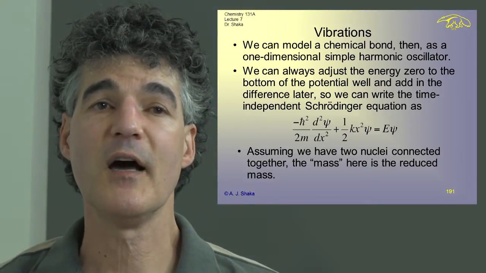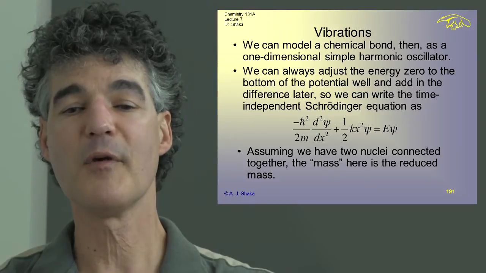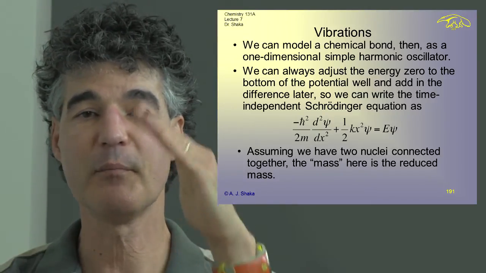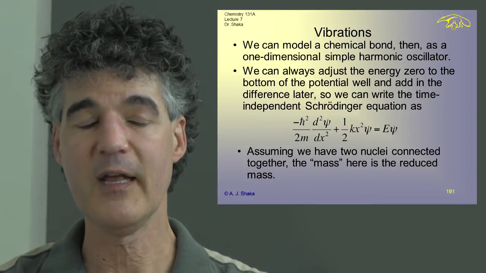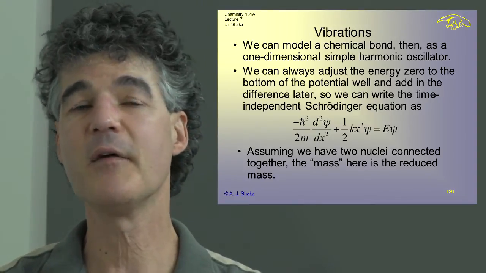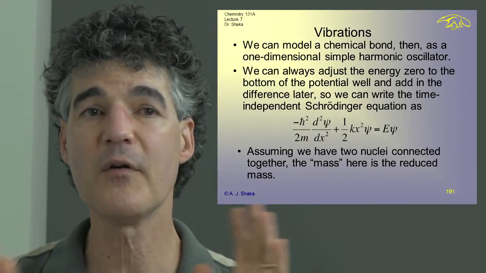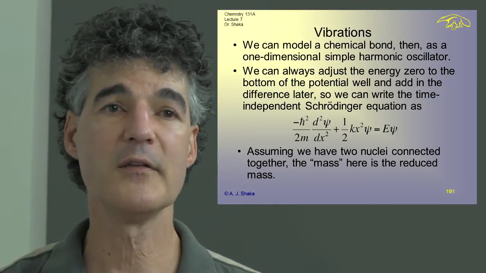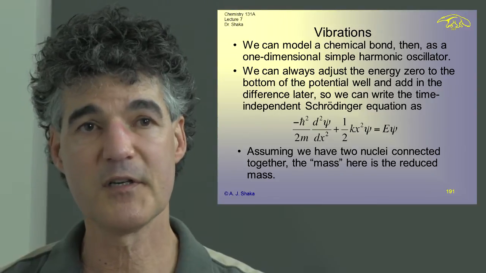We can always adjust the energy 0, so we can call the bottom of the well 0, even though for hydrogen it's minus 4.5 eV down. We can call it 0, and then we can just add it later if we want to get the real energy. So we don't have to worry about that in the math, and so we'll call it 0 when the displacement is 0.